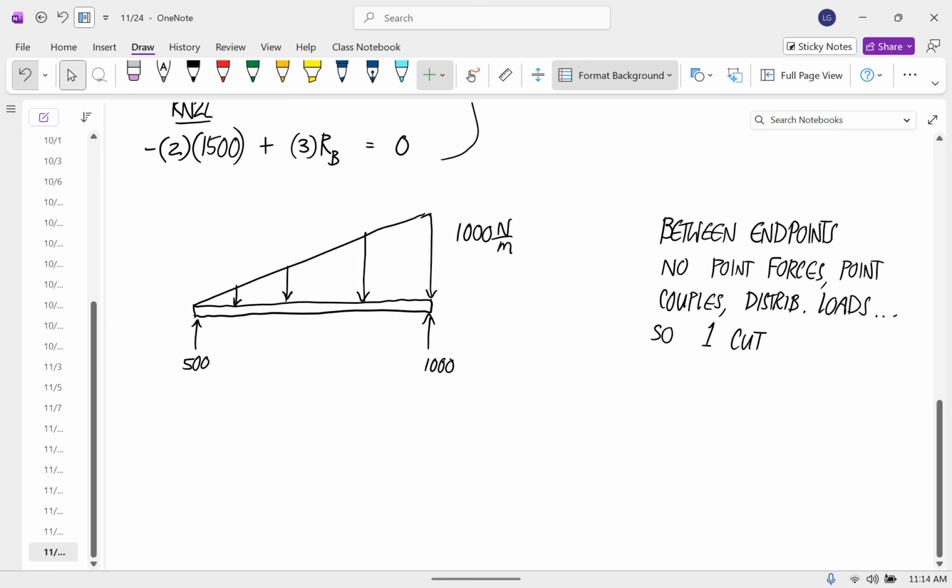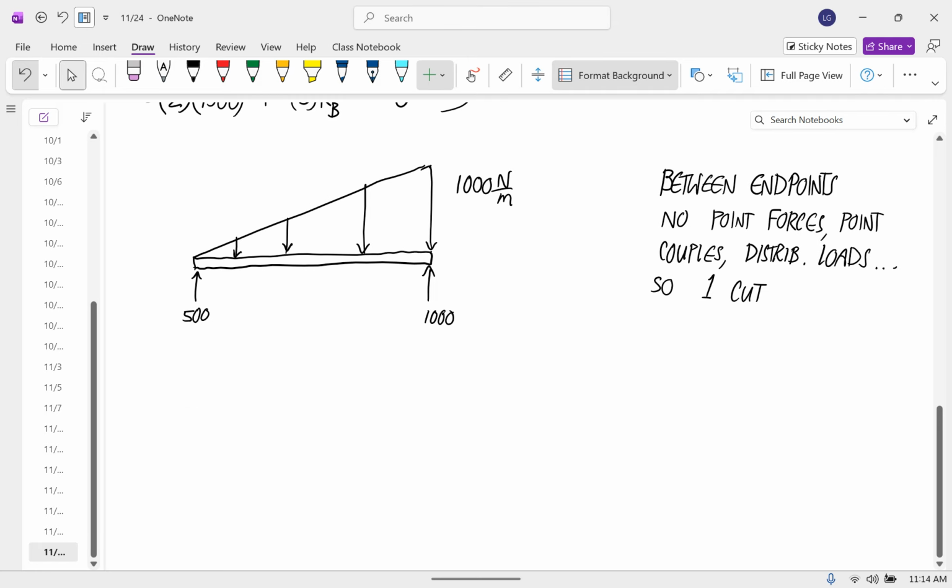And for that cut now, let's figure out what the function is. So let's find what our function Q is that represents the height of that distributed load at any given X. Okay. You can see that it's a line. So our Q is going to be equal to mx plus b.